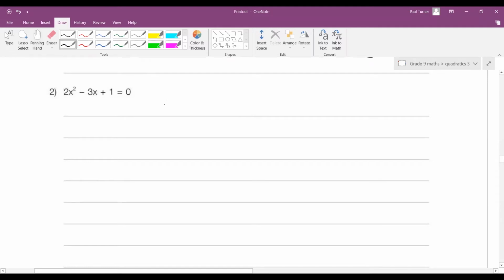So for this question, we'll write our formula. So you should be writing your formula, minus b plus or minus the square root of b squared minus 4ac, all on 2a. Minus -3 plus or minus the square root of -3 squared.